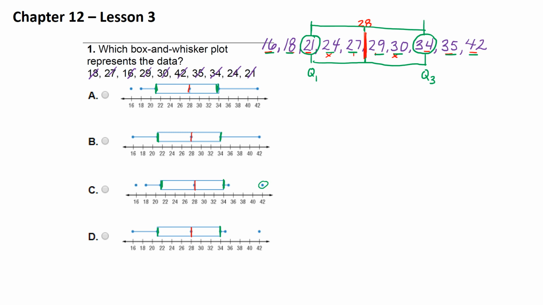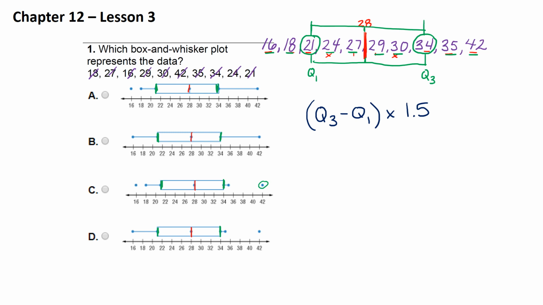Now, the formula for the outlier is quartile 3 take away quartile 1, times 1.5. And then we have to add that to quartile 3 and subtract it from quartile 1.